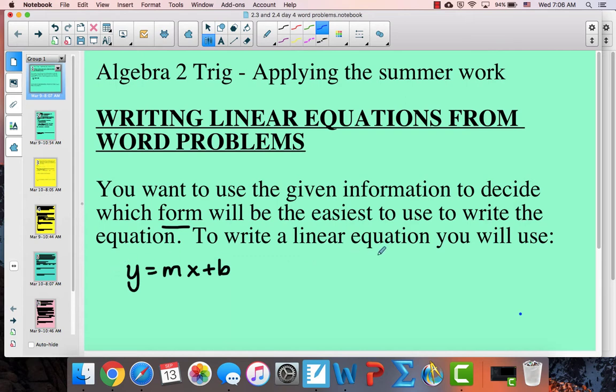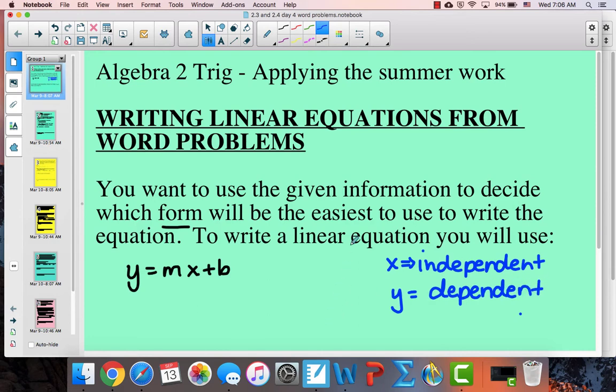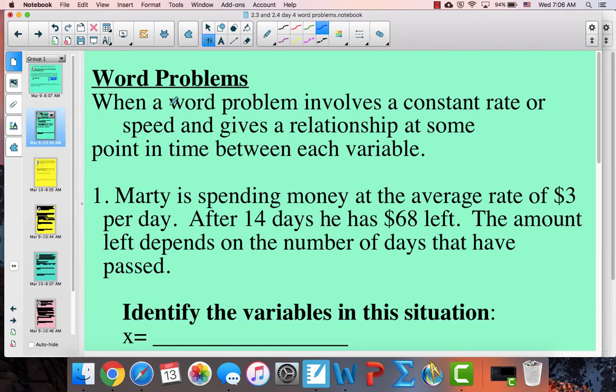We also need to know a little bit more about the variables. So when we're looking at a linear equation, x is referred to as the independent variable, and y is referred to as the dependent variable. Because what's really important is that you must know that y depends on what x is, okay?